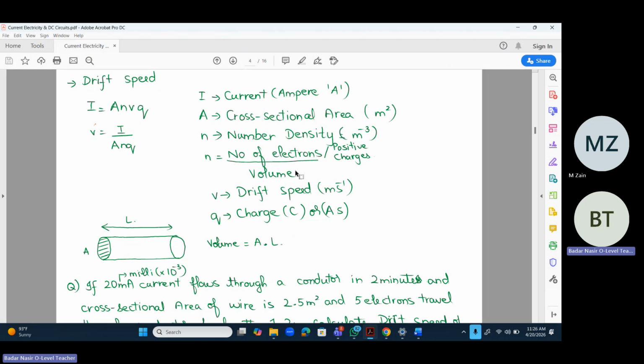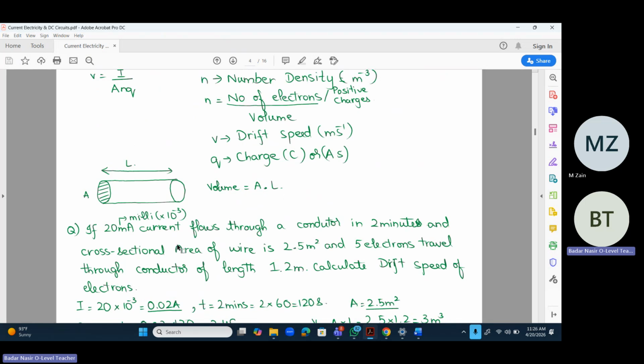Small v is the drift speed of the electrons or the charges that flow in the wire, and small q is the charge of an electron, which is 1.6 into 10 to the power of minus 19 coulomb. And the volume of a wire can be calculated as cross-sectional area times the length of the wire.